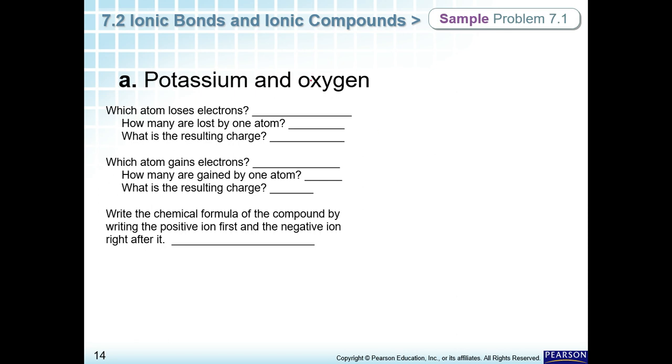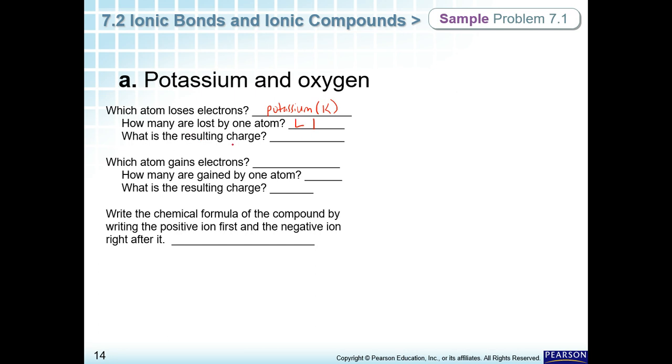First, we have potassium and oxygen. Out of these 2, you should be able to tell me which atom loses. Well, remember, the ones that are going to lose tend to be metals, and that's going to be potassium, which is K. Well, you have to see how many are lost. Well, potassium belongs in group 1A, so it loses 1.